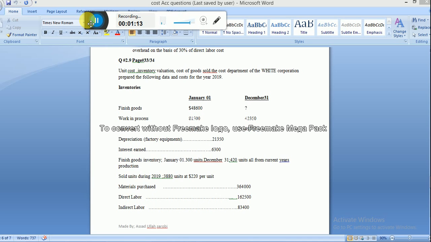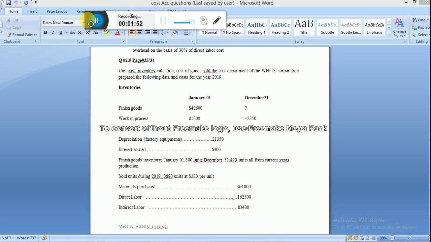So on 1st January finished goods are 48,600, and on 31st December finished goods amount is unknown. Work in process 81,500 on January 1st, and on December 31st 42,350. Materials on January 1st, 34,200, and on December 31st 49,300.